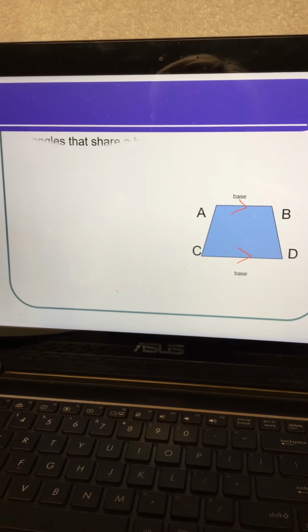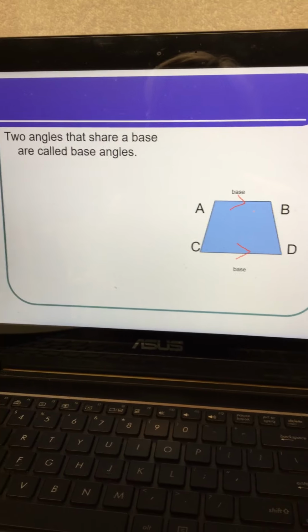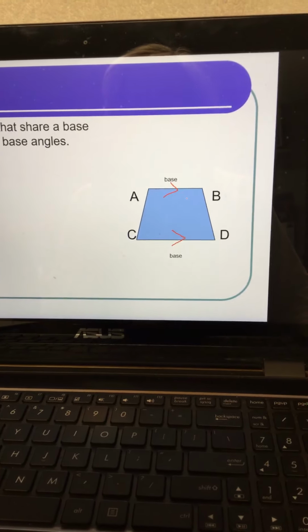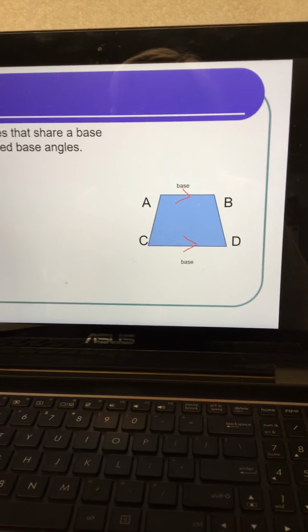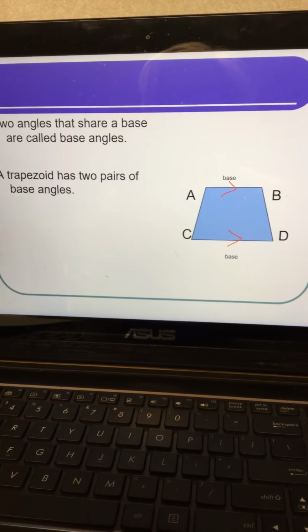All right, so let's look at this situation. It says two angles that share a base are called base angles. Two angles that share a base are called base angles. So I have two pair of base angles in this trapezoid.